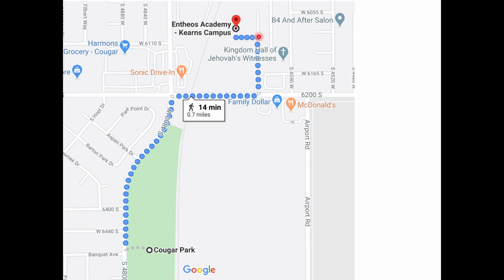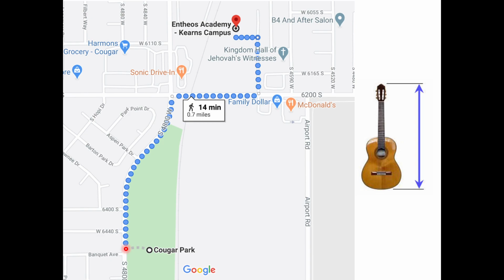So to give you an idea of about how long a kilometer is, if you start at the school and walk all the way down here and get to the park, then you have walked about a kilometer. So let's compare that to the size of a meter. This guitar is approximately a meter.